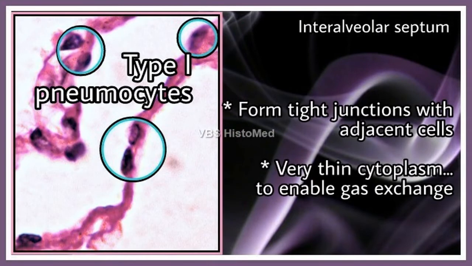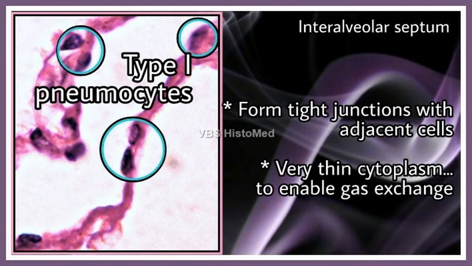Now take a look at this photograph. This is a high power view of the lung alveolar region. You can see the type 1 pneumocytes.